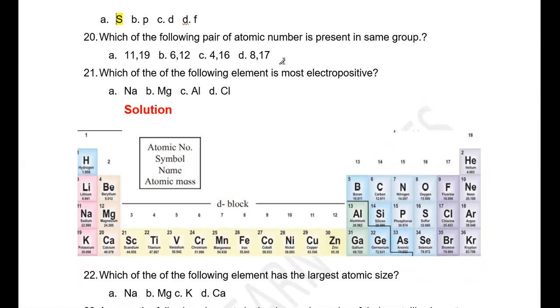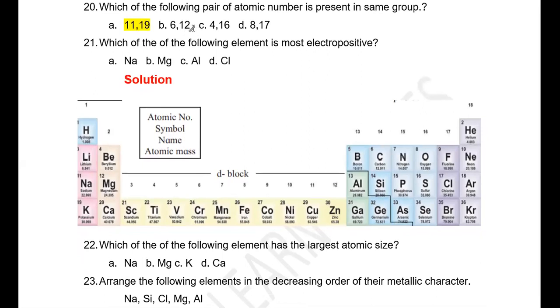So we have to check the valency of these elements. 11, 19. 11 we can write 2, 8, 1. 19 is 2, 8, 8, 1. So they belong to the same group. So the answer will be option A, 11, 19. Other elements belong to different groups.